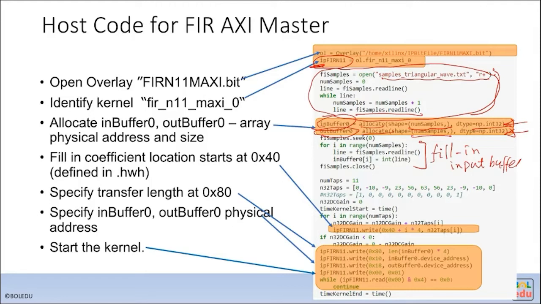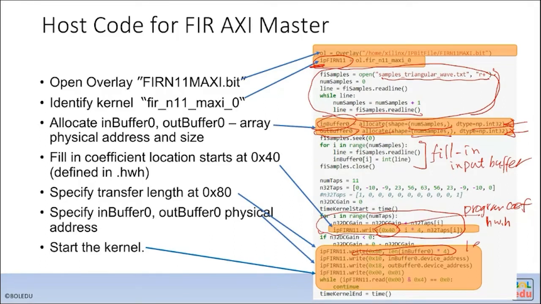Okay. And there's a coefficient, and you program the coefficient. Here you program the coefficient. So which address do you program from? 40. That's defined in the HWH file. So you program the coefficient, and then you program the A0. Why A0?